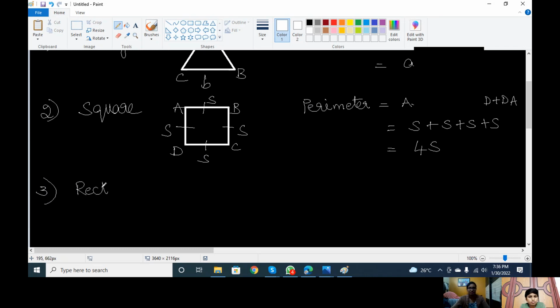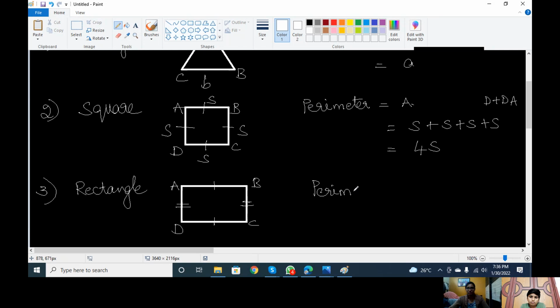Next, rectangle. The property of a rectangle we know: opposite sides are equal. AB is equal to CD and AD is equal to BC. So again, how can we measure this boundary?